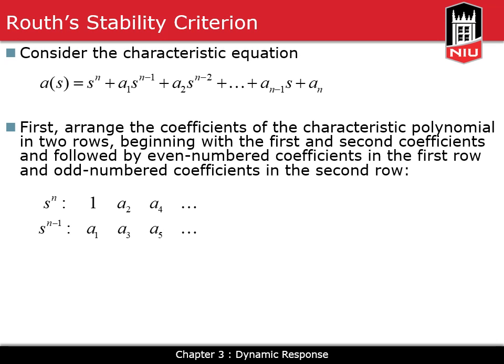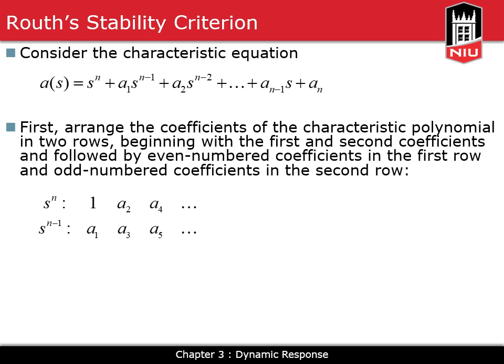So we actually will have n plus 1 rows in the Routh array. The first two rows will be completed very easily. We just take the coefficients of the characteristic polynomial and place them into the first two rows in the order that we're going to see here.